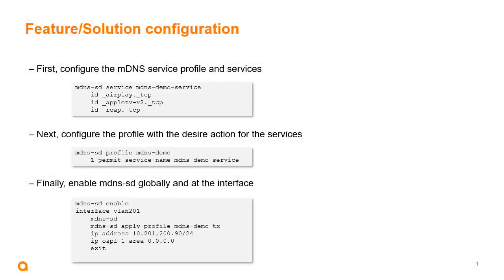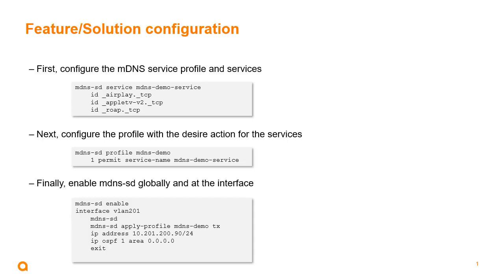So to configure mDNS, first we need to configure the mDNS service profile and services. We do that using the mdns-sd service command. Then we need to configure the specific service IDs that we want to filter on as part of that profile.